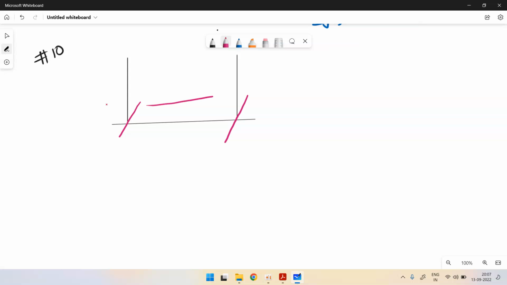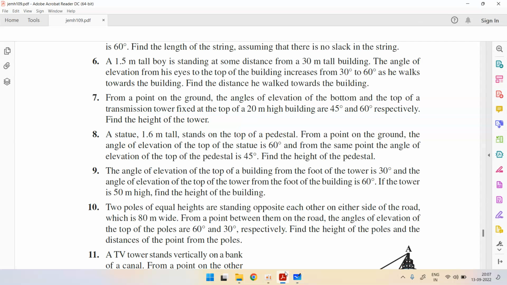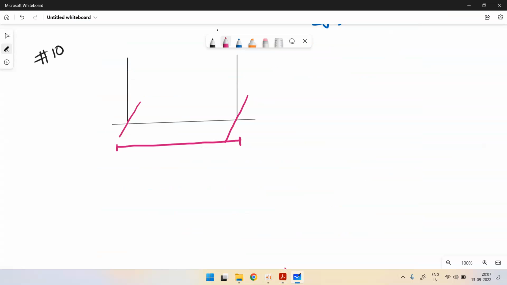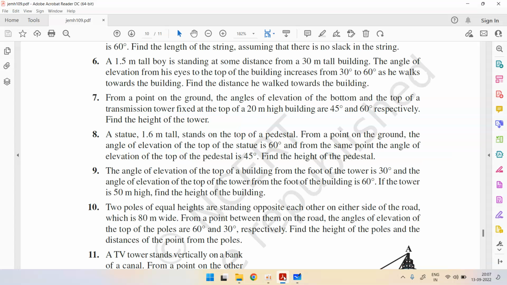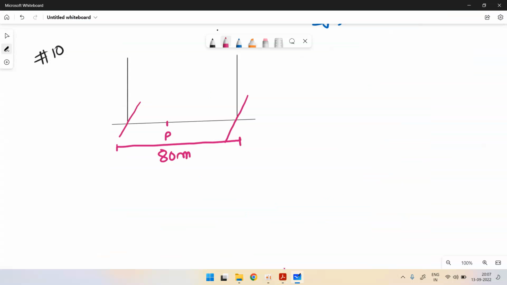Suppose this is my road. Now the width of the road, that is this length, in this case is 80 meters, and there is a certain point P. From point P the angles of elevation are 60 and 30 degrees respectively. So this point is nearer to this pole, which means the angle will be greater.